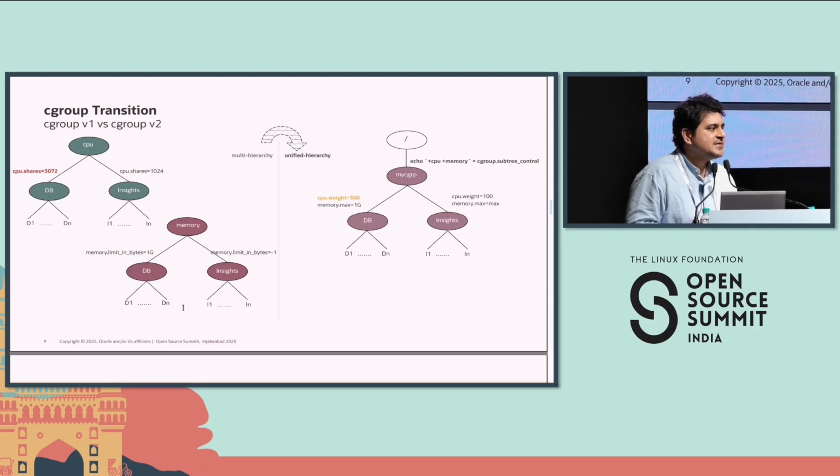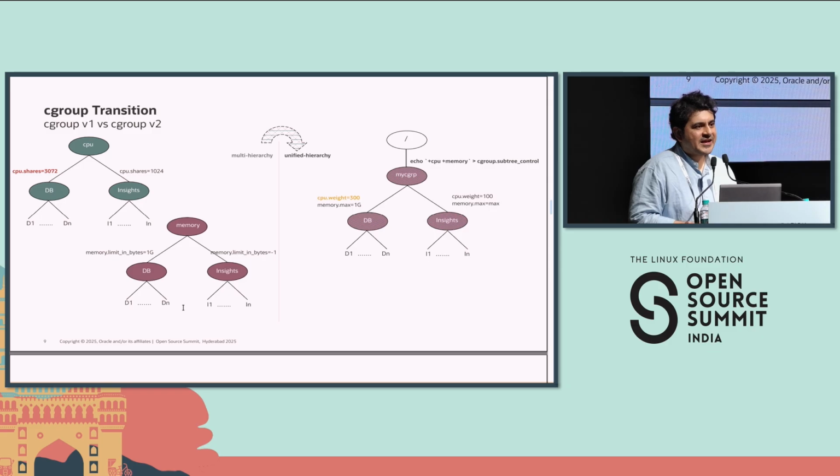So that was handled in C group V2. Every controller would have exactly the same names, like CPU.max, CPU.weight would be there, you would have IO.weight, and for memory, you would have memory.max. So the naming conventions were the same, and the range of inputs is also the same. It starts from 1 to 10,000 and the default is 100.